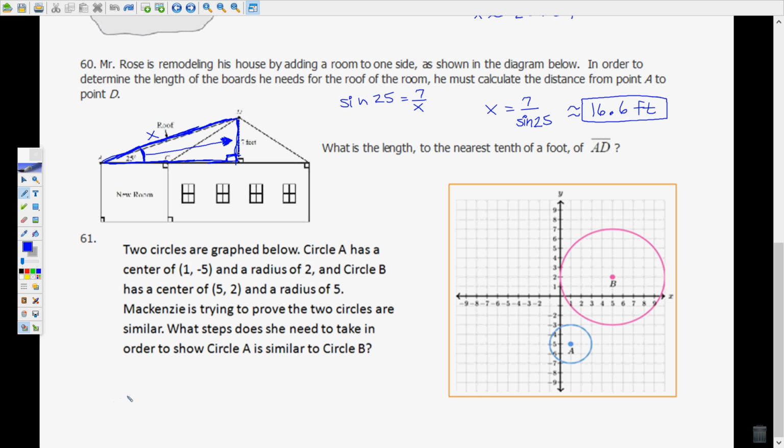So all we have to do here is show the transformation to move the center of circle A over to the center of circle B, and then what dilation it would take to map the pre-image onto the image.